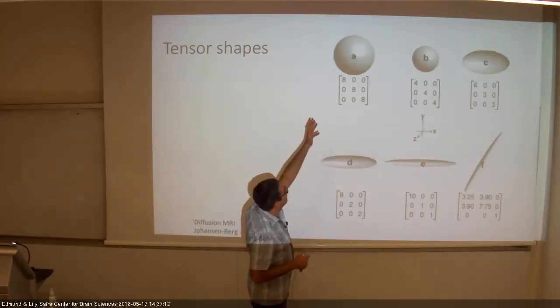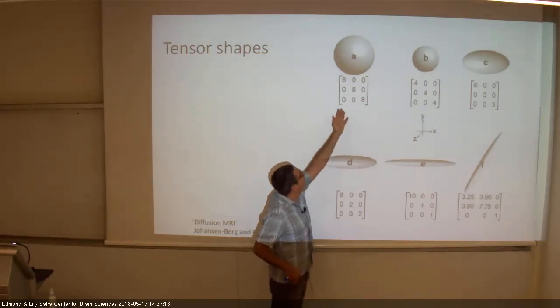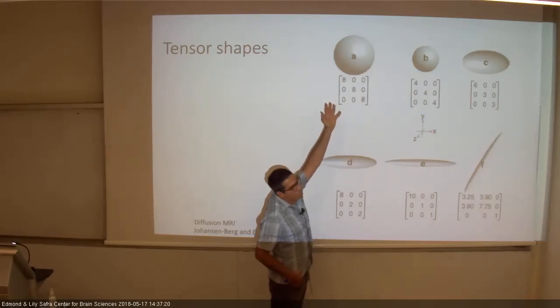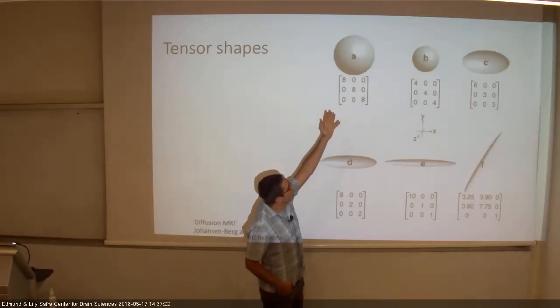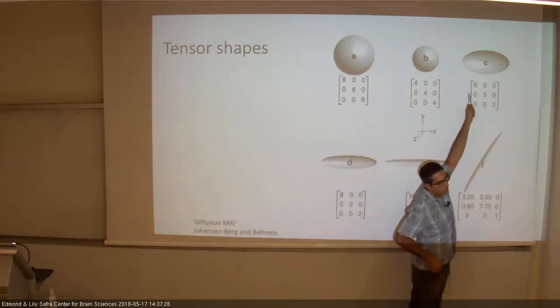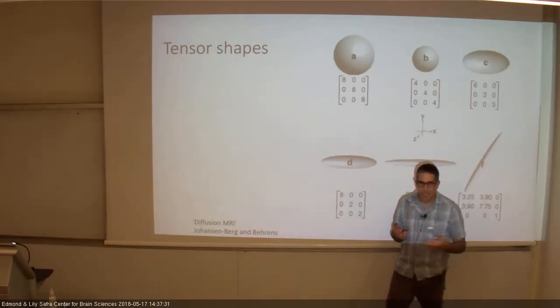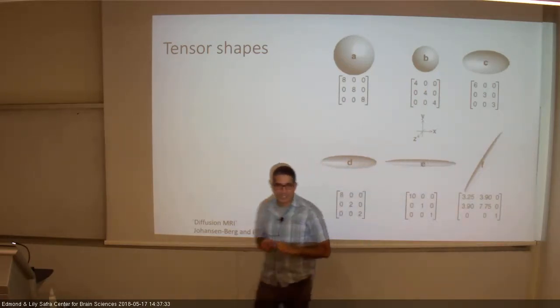So essentially, if we have only values on the diagonal and they are the same size, we're going to get a ball, right? And if one of them is greater than the others, we're going to get an ellipse. Just want to give you a feeling of how things change with the tensor shape.